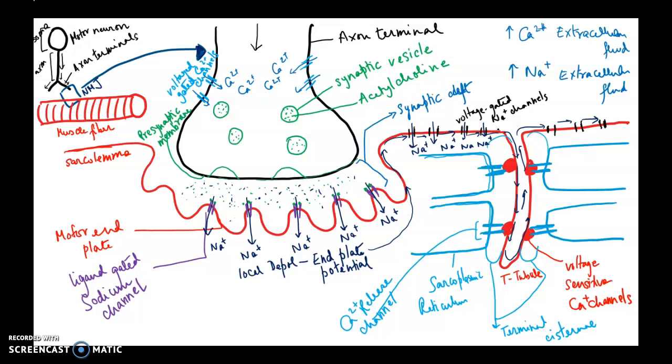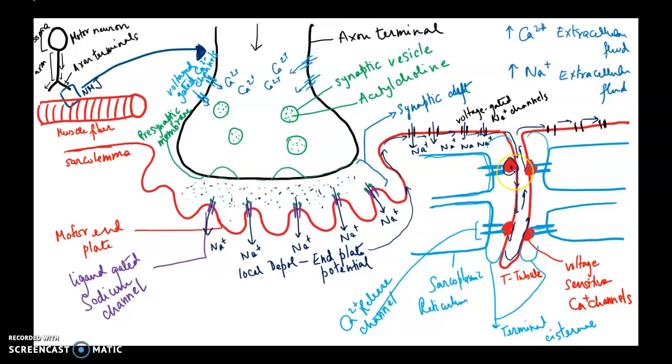Okay, now as the wave of depolarization comes down the T tubules, remember we have voltage sensitive calcium channels here. The voltage sensitive calcium channels, in response to the action potential, undergo conformational change. So they change shape.